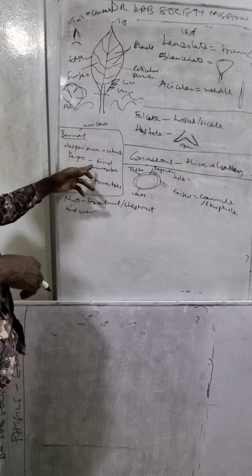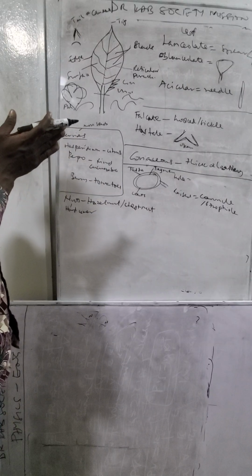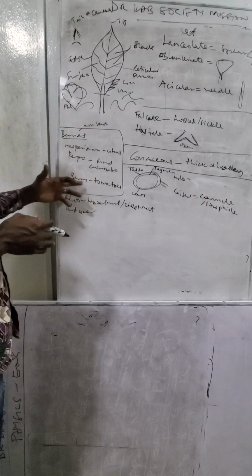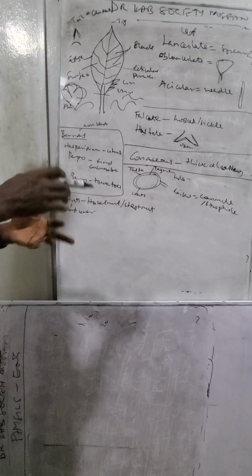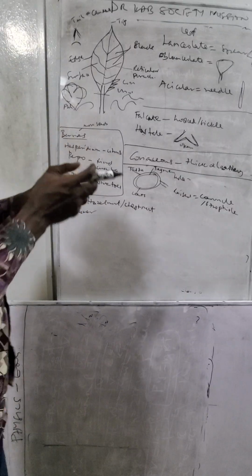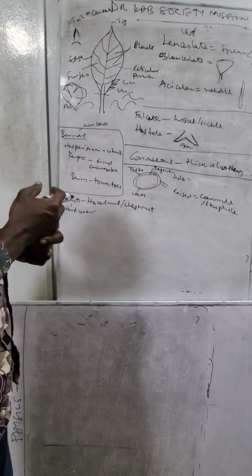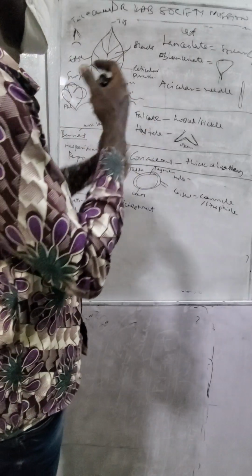We have the pepo, which is the one with the hard pericarp or the cover, for example the cucumber. Then we have the berry that we have described already. Tomatoes have multiple seeds but are juicy, not the dry kind of fruits that we're talking about. So these are the terms that you can use.